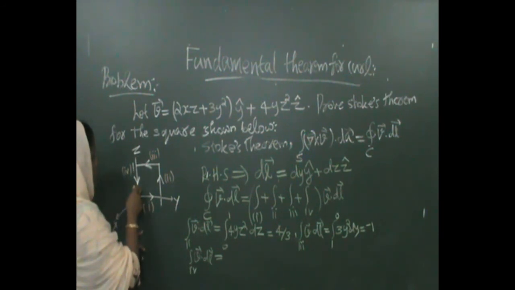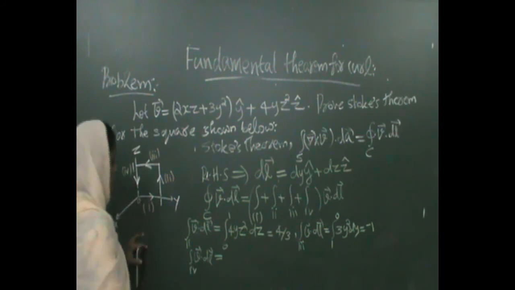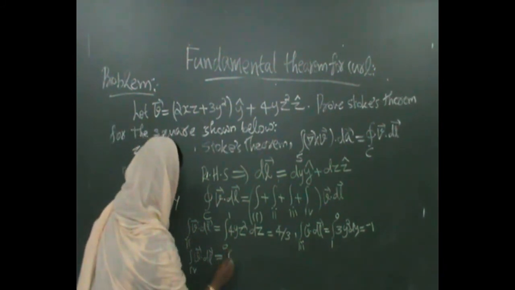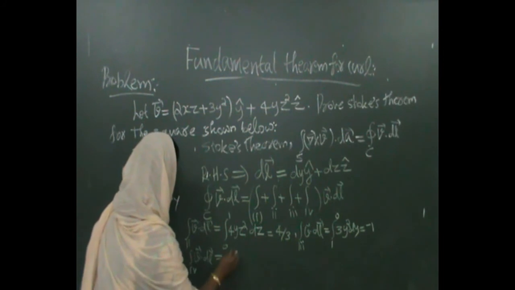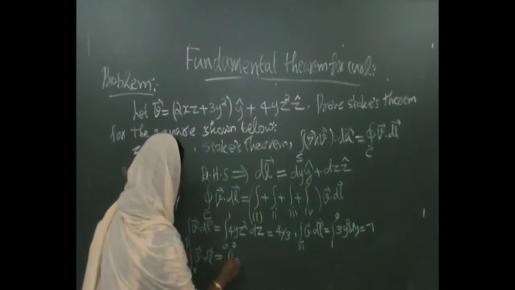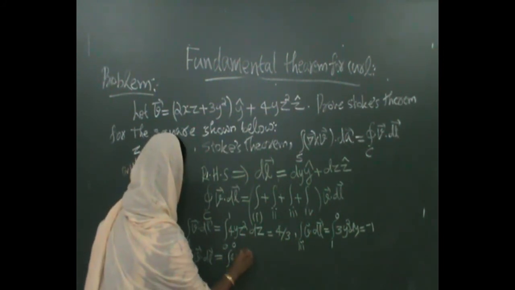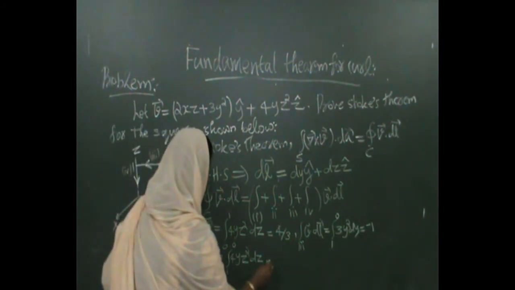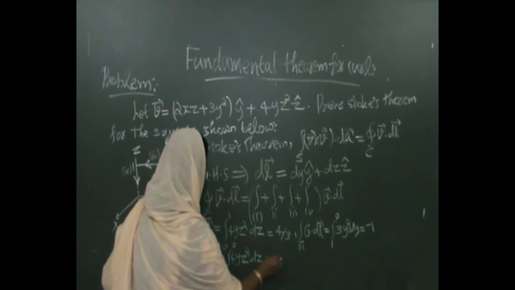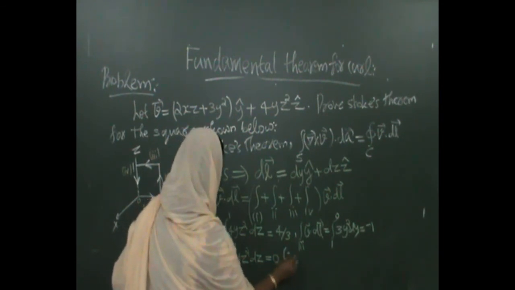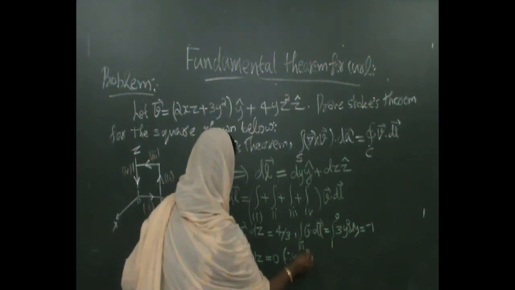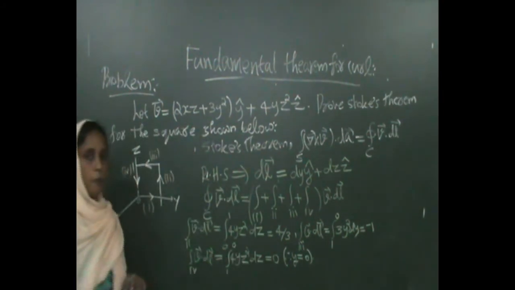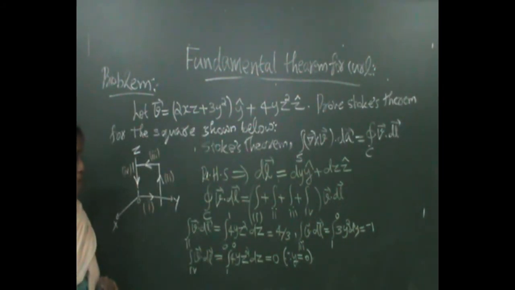So this integral goes to 0. That means this integral runs from 1 to 0 of 4yz square dz, but along this line it is equal to 0 because y equal to 0.